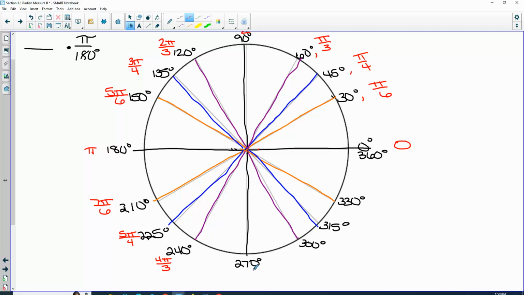Okay. 270. So 270 over 180 gives us 3 halves, so 3 pi over 2. 300 over 180. 315 over 180. Gives us 7 pi over 4. And 330 over 180.